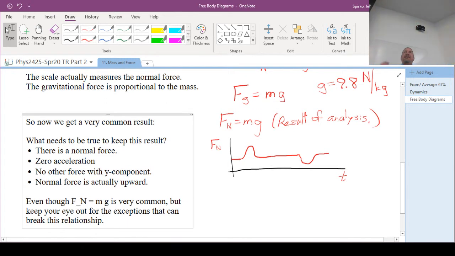But you also have to keep your eye out for anything that might break this analysis. And specifically, non-zero vertical acceleration, other forces, or a tilted normal force. And then you should no longer jump to this conclusion. You should do the appropriate analysis to figure out how your normal force is related to the weight of the object.